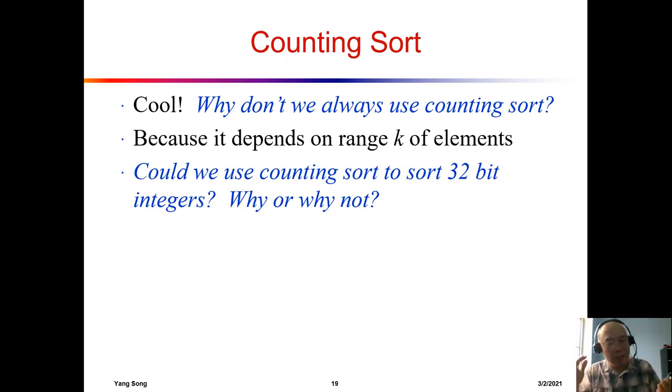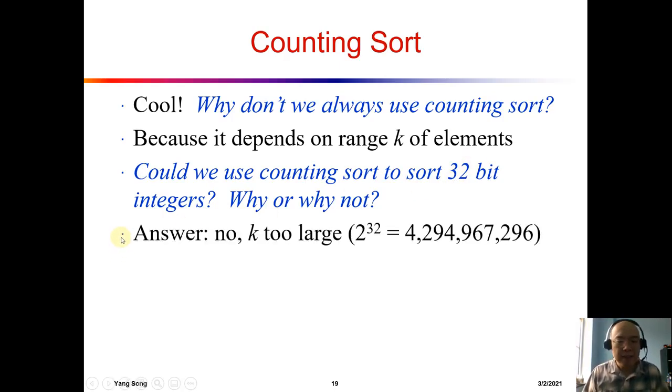So let's imagine a really crazy case. If we are trying to sort a 32-bit integer, what is going to happen? For a 32-bit integer, the maximum will be 2 to the power 32, and that is a really huge number. If k is such a huge number, what will be the problem? Remember, the C depends on the value of k.